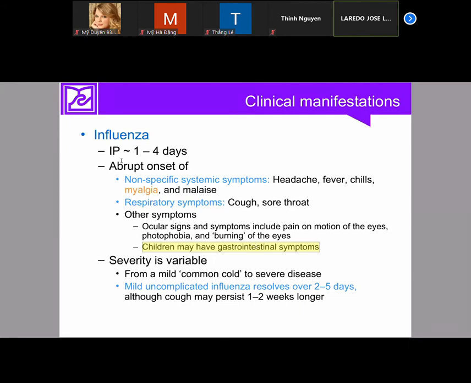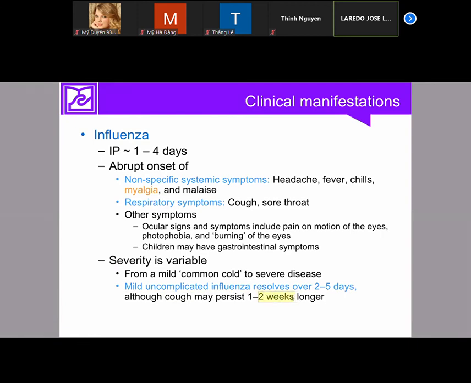Most people who suffer influenza suffer a mild disease, very mild. They recover in very few days. In less than 5 days, people are recovered. However, the cough may persist up to 2 weeks. So even when the patient has recovered, the cough may persist up to 2 weeks.